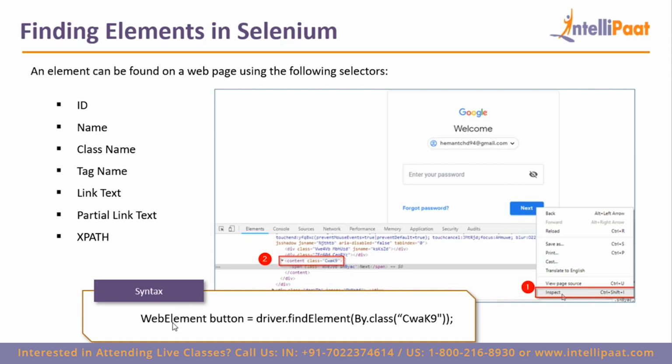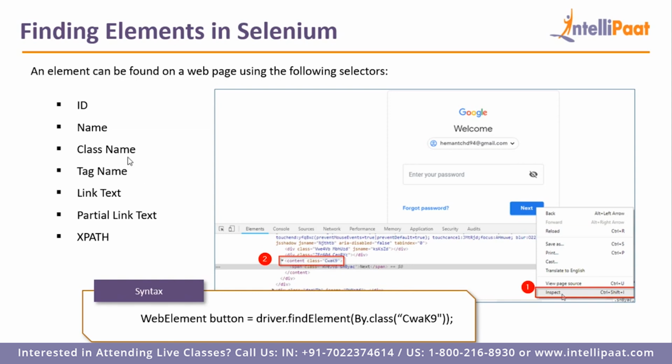So what we wrote was web element is equal to driver.findElement by class, because this is the class that we want to search for. And the class belongs to this particular text, CWAK9, which will be unique to only this element. No other element will have this particular class name. So this is what class name is.